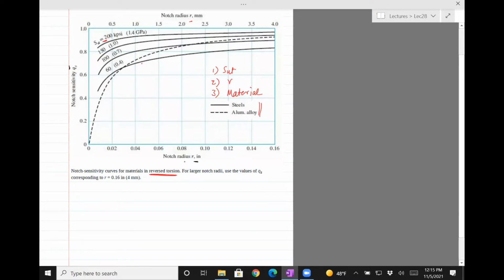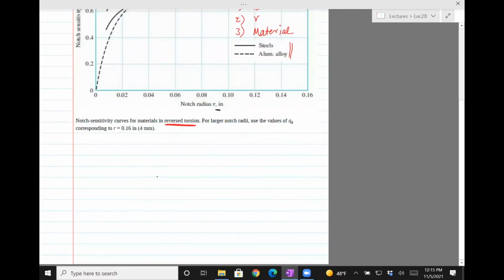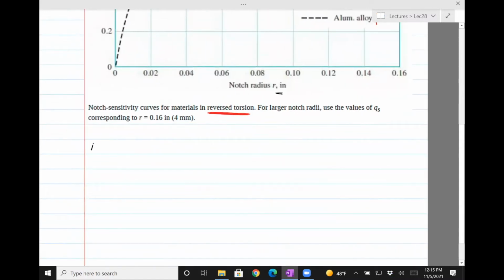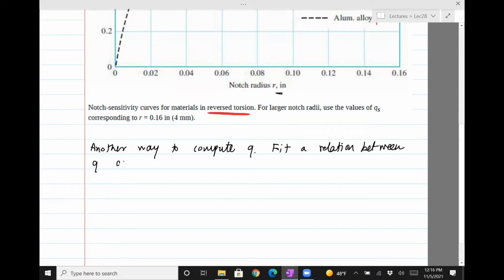You look at these curves and use some regression tool to fit a relation between q and r using the above figures.